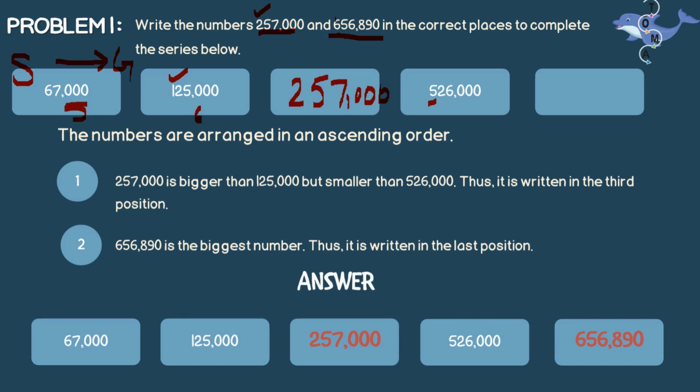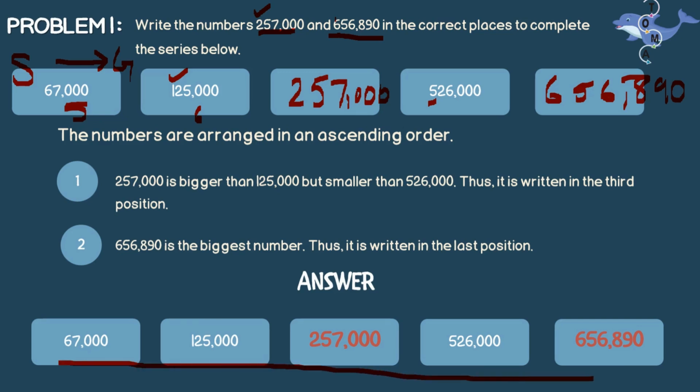So right now we are going to write down the last number, 656,890, over here. This one is the greatest number, so we are going to write it down in the last position. Here the final answer is written for you guys. You can check that this order is ascending, means increasing order.